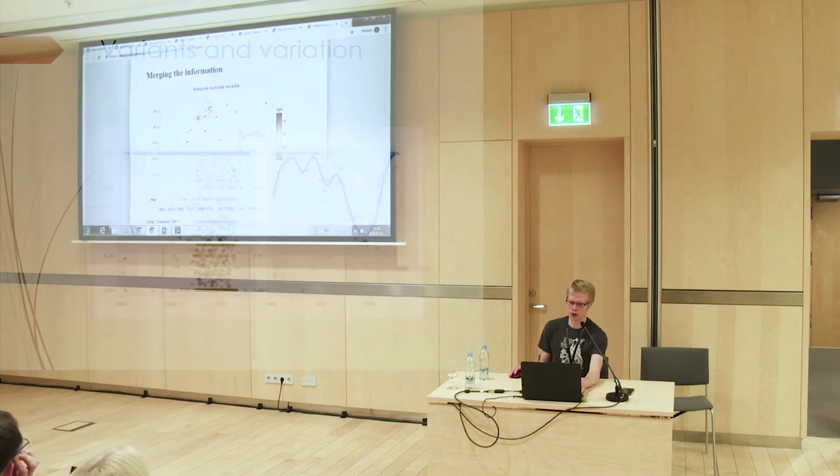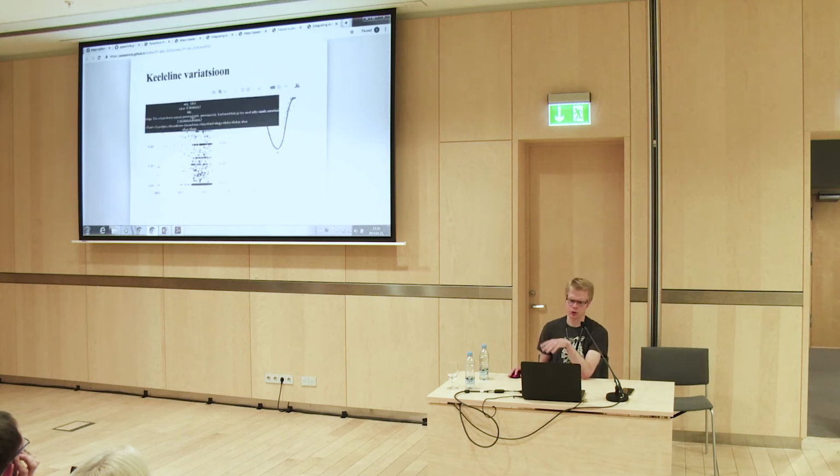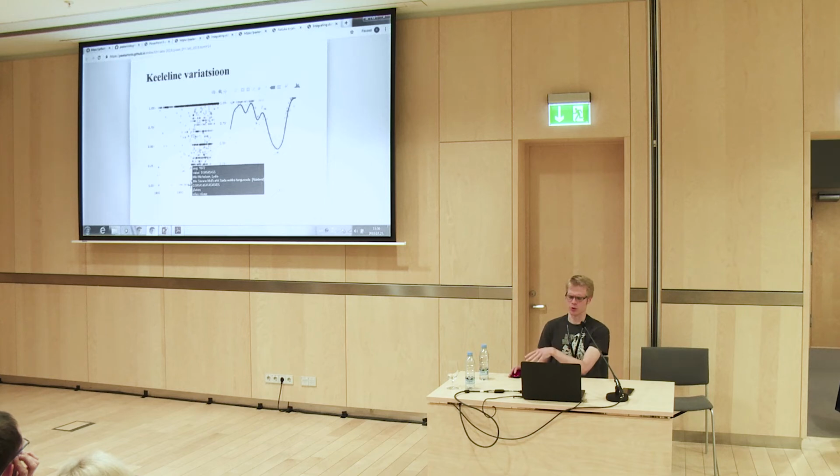And so when we look at this within the corpus, we can put all the texts within these graphs. One point is a text, and if it's really high up, then it uses the form that is really common nowadays, and if it's really low, then it uses only the forms that were common then, but are not common now.